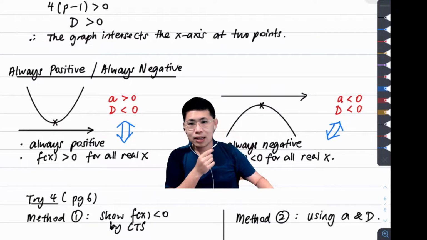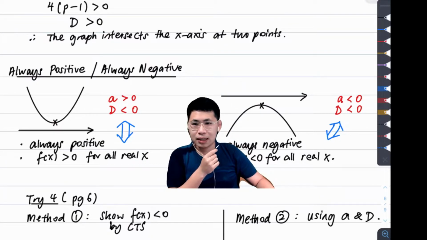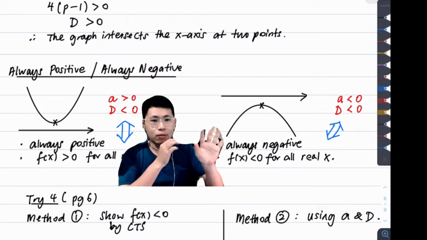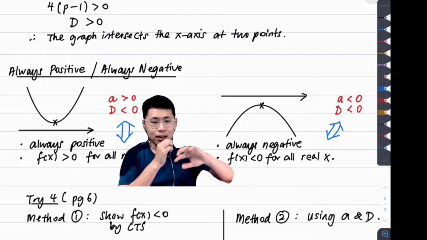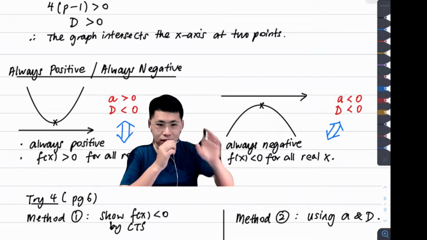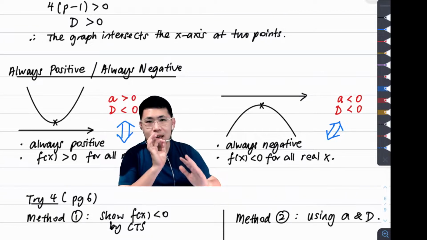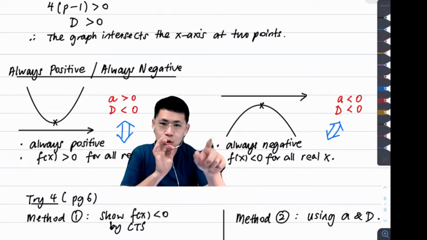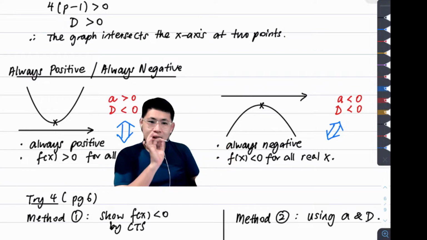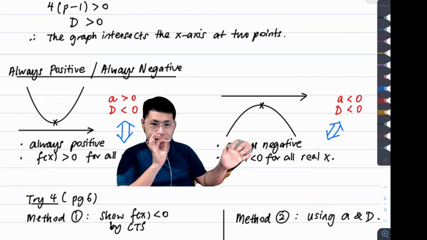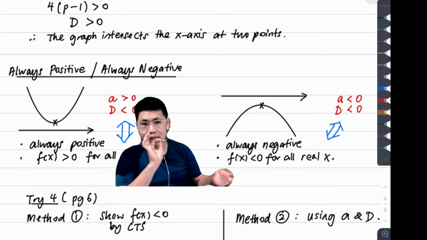Now let's look at the second kind of case where it is always negative. Over here we have a graph that is always negative. The graph lies below the x-axis. Another description that they may say is that f(x) is less than 0 for all the real values of x.